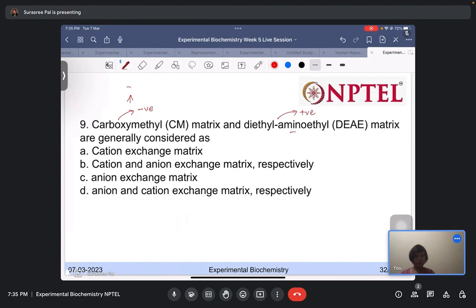So therefore the positively charged protein will bind. So this is a cation exchanger, and negatively charged protein will bind to the DEAE matrix, which makes it an anion exchanger. So the correct answer would be CM as cation exchanger and DEAE as anion exchanger.